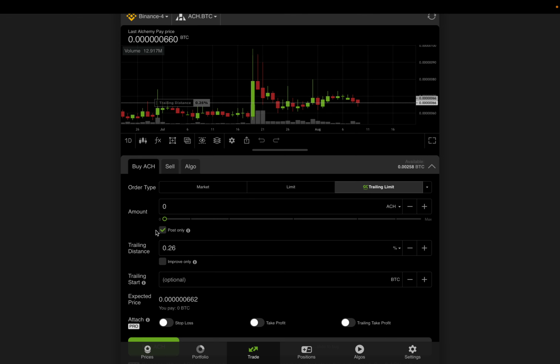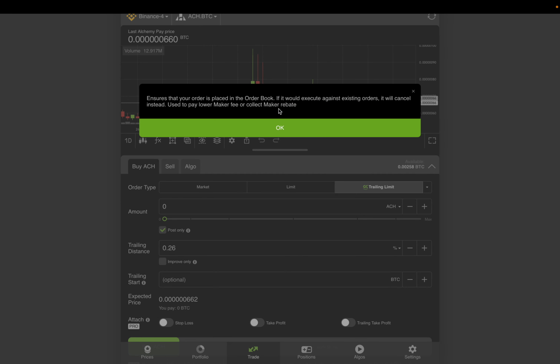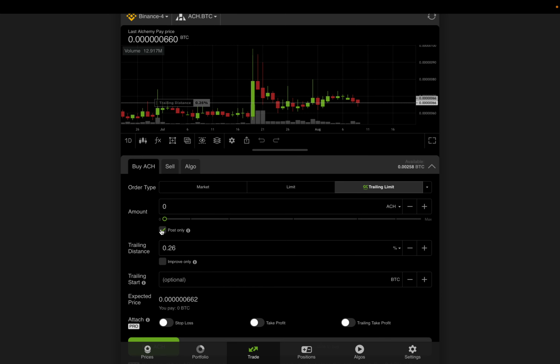That thing is good to basically pay less. Some exchanges have lower maker fees or even maker rebates. You can collect them. However, of course, if you choose this option with post only, as you will be sending a limit order very close to the market price or the last observed market price, there is a high chance that this order won't execute.